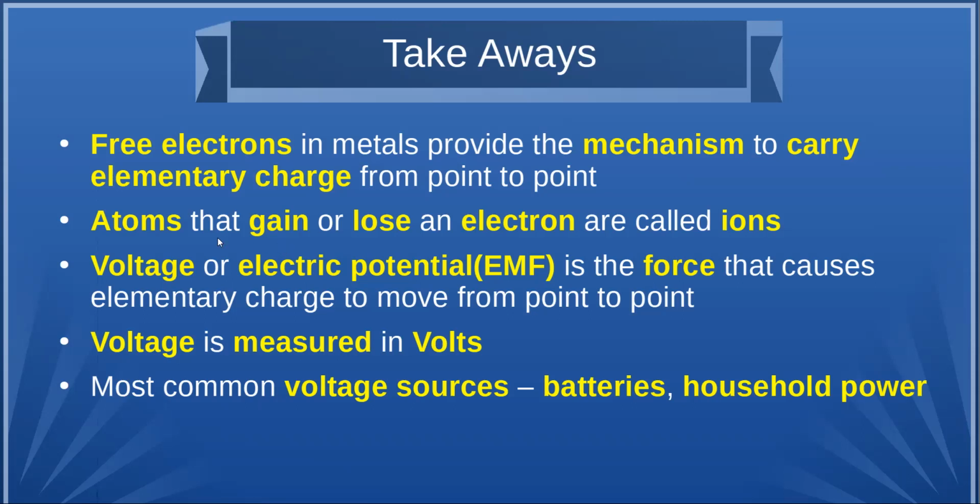And an atom that gains or loses an electron is called an ion, either positive or negative. That voltage is the potential, or EMF, the force that causes the charge to move from point to point. And movement of the charge we call current. We measure it in volts, named after that Volta guy.